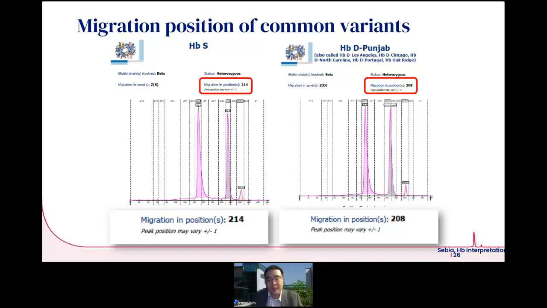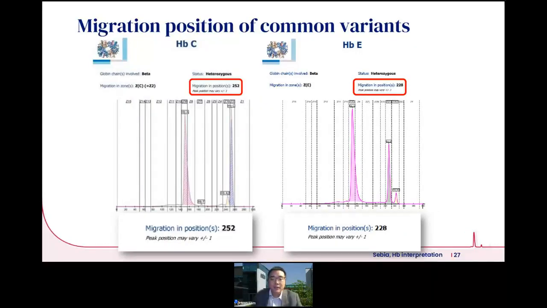For hemoglobin S, it will be 214. For hemoglobin D Punjab, it will be 208. Right? Close but not the same. And of course, with better resolution in capillary electrophoresis, it allows you to separate the bands better so that you do not have the complication of misinterpretation.